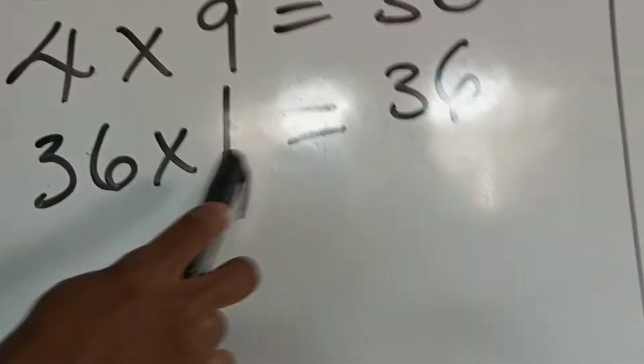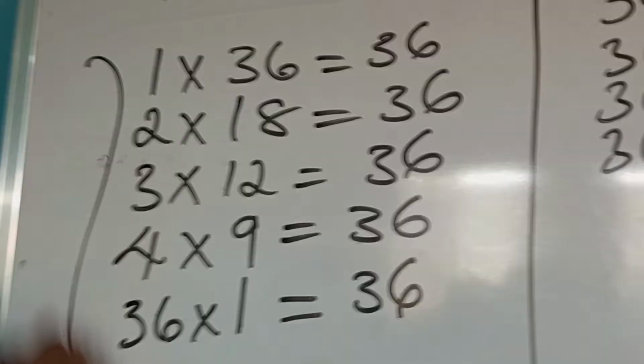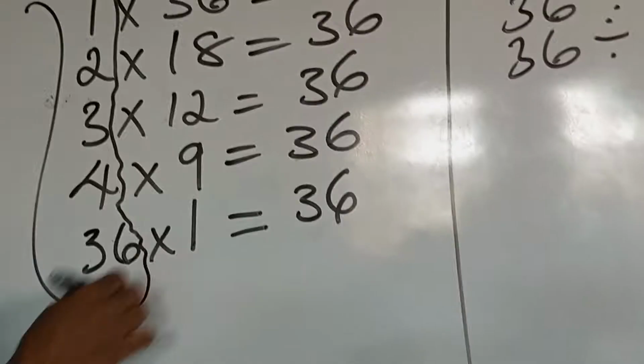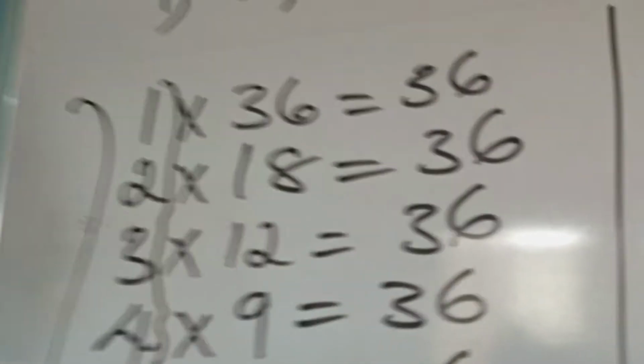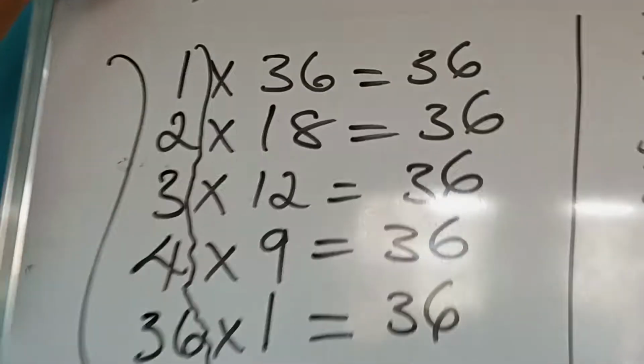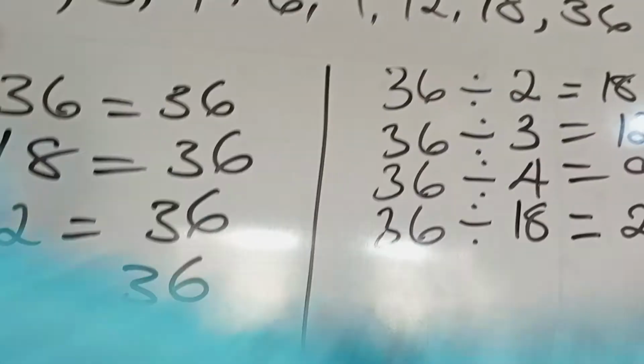And 36 times 1 is 36. Don't forget that these numbers that I've used to multiply these other ones, they are all among the set of numbers regarded as the factors of numbers. All of them put together are here.